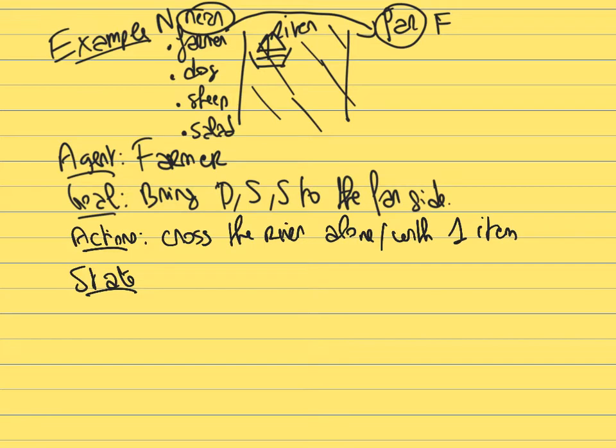So in this case, the way we are going to define those states is by four letters. So, for example, if I write N, N, N, N, it means that the first, the agent, which is the farmer, is located on the near side.